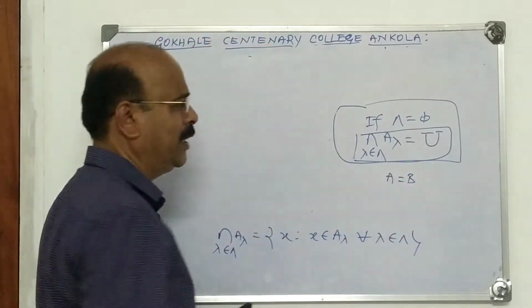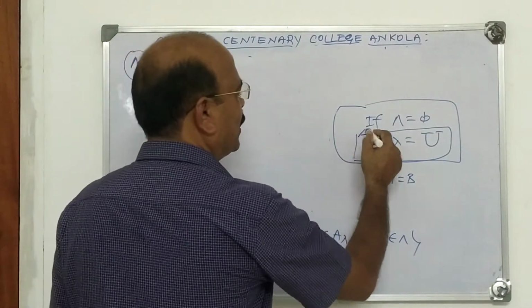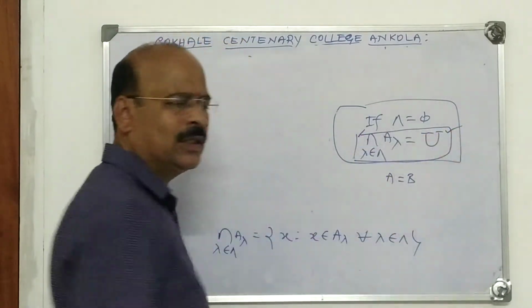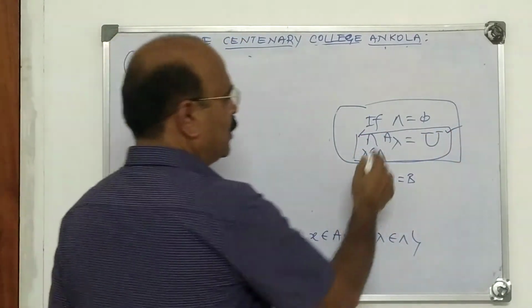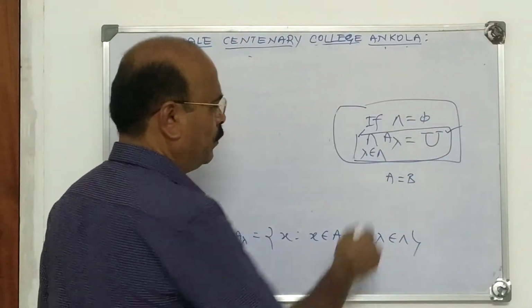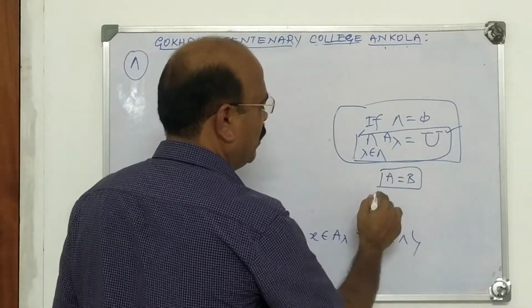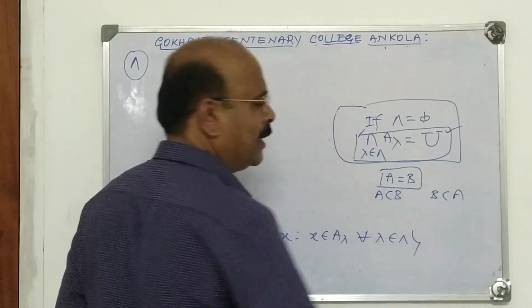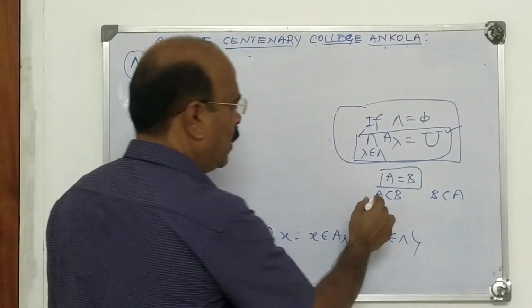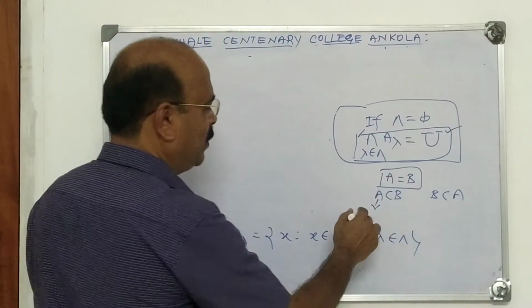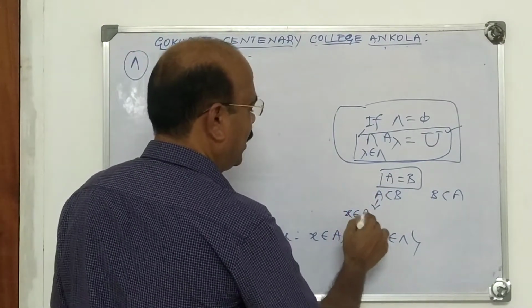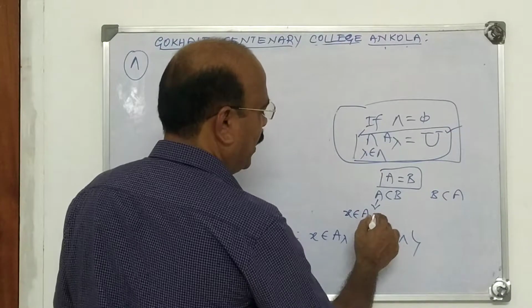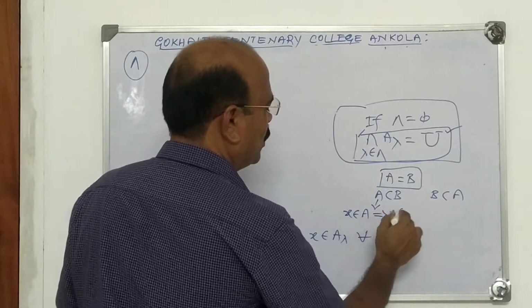Here, the left hand side is one set, the right hand side is the universal set. We have to prove these two sets are equal. How to prove that two sets A and B are equal? We prove that A is contained in B and B is contained in A. Then A is equal to B. How to prove that A is contained in B? We take an arbitrary element x belonging to A and prove that x belongs to B also.